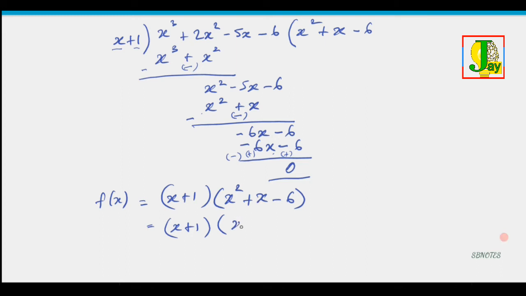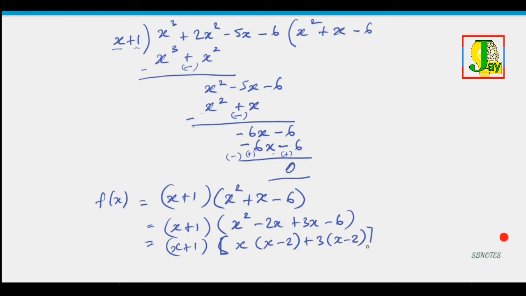So x square minus 2x plus 3x minus 6. x plus 1 into, and take x common here, so x into x minus 2 plus 3 into x minus 2. So we have x plus 1 into, and here we can take x minus 2 common, and then what is left is x plus 3.